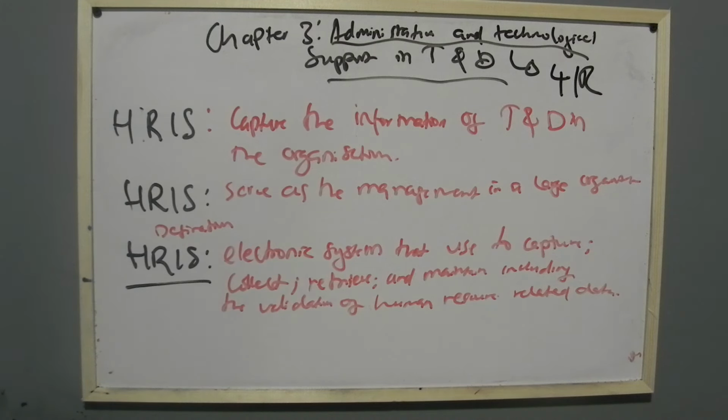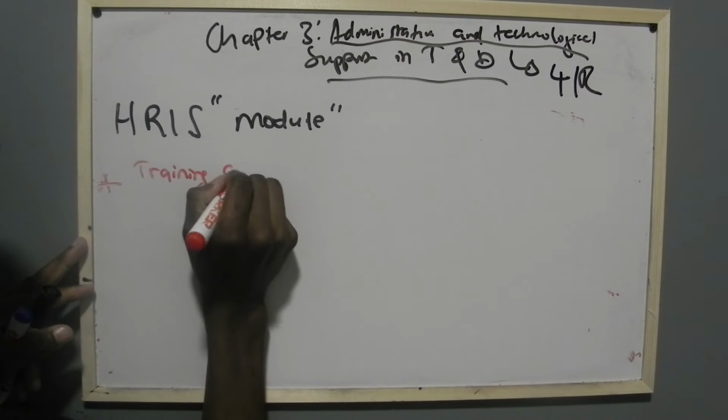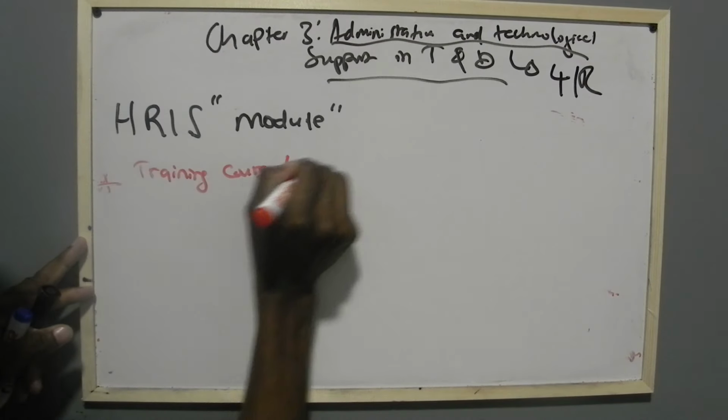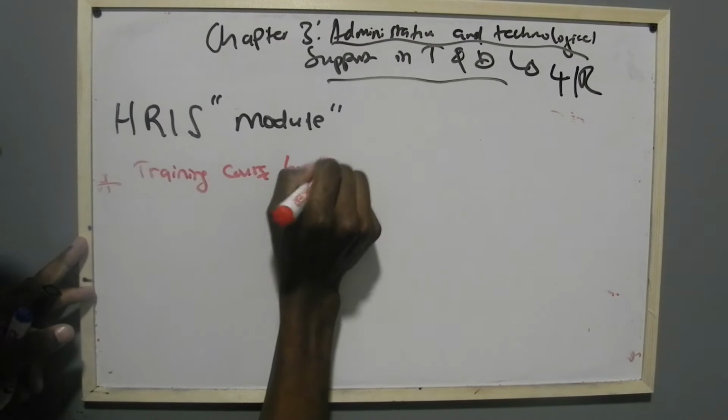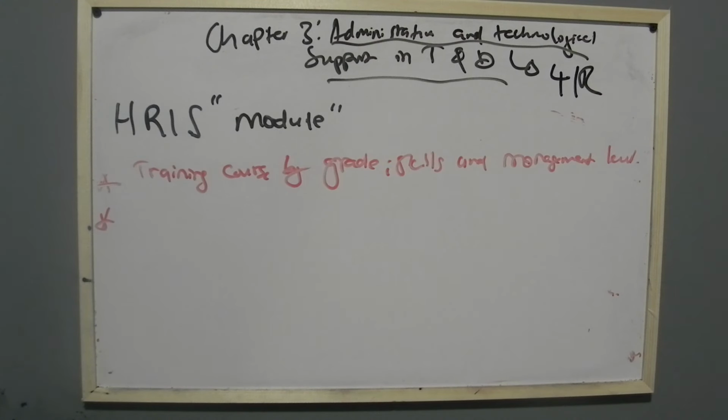Number 1, it must include the development of recommended training courses by grade, skills, and management level.